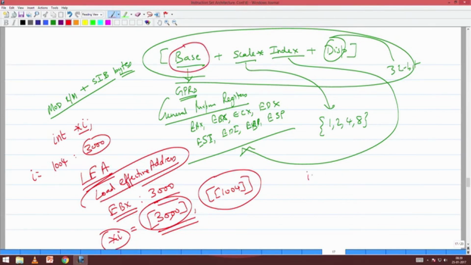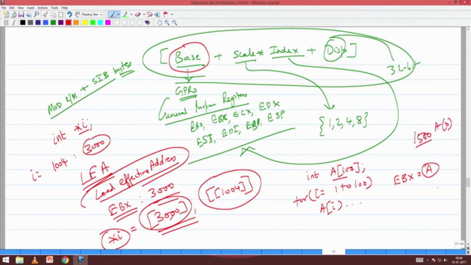Suppose I have int I, int A of 100, and then for I equal to 1 to 100, I just do some processing on A. So, first EBX will be storing A. Let us say A starts at 1500, A of 0 is stored at 1500. So, EBX will have A.